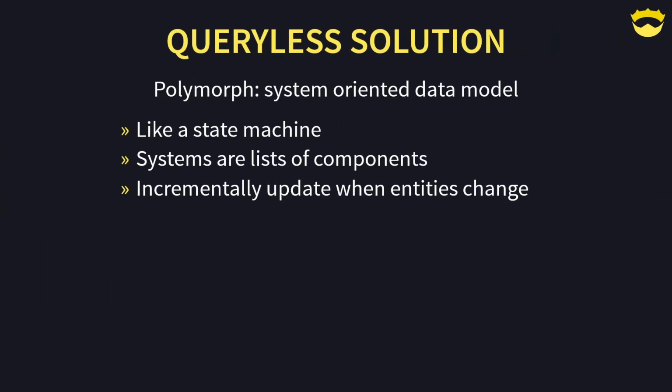So Polymorph implements a queryless solution for ECS, and this is orientated around systems for the data storage. It acts like a system state machine, essentially, where systems are lists of components and you incrementally update them when you add or remove components to entities.